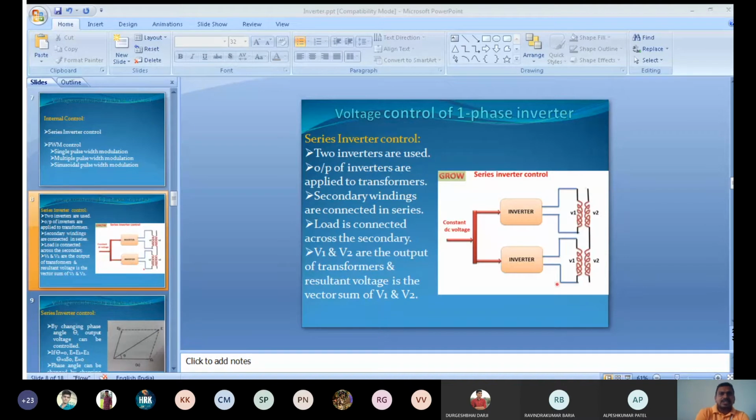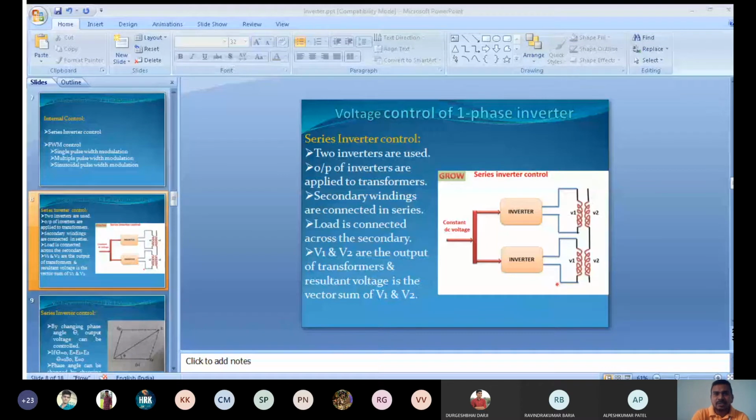In pulse width modulation control method, we are giving a fixed DC voltage to the inverter. Controlled AC voltage is obtained by making on and off of active devices, or by switching the active devices, we can obtain the controlled AC voltage from the inverter.